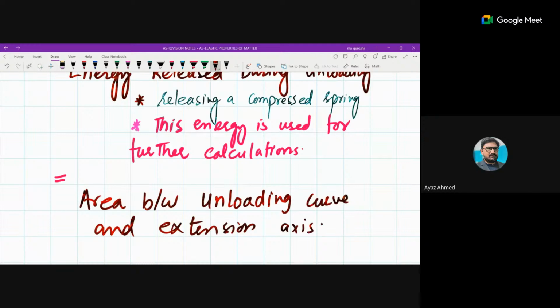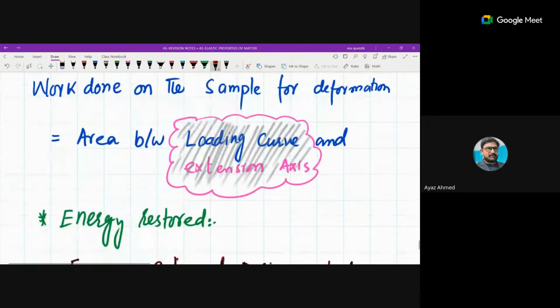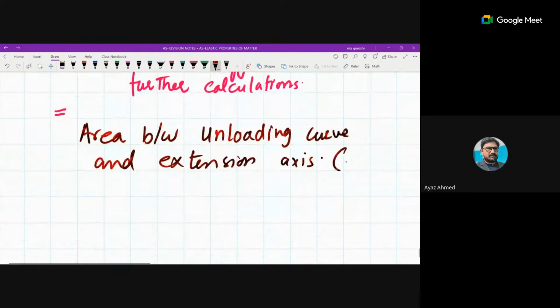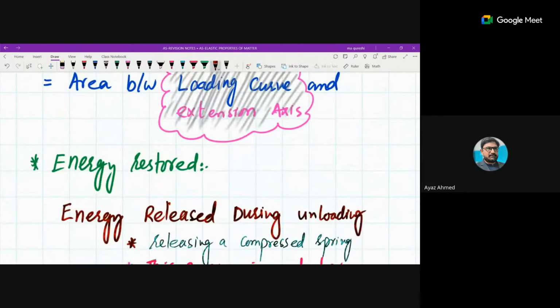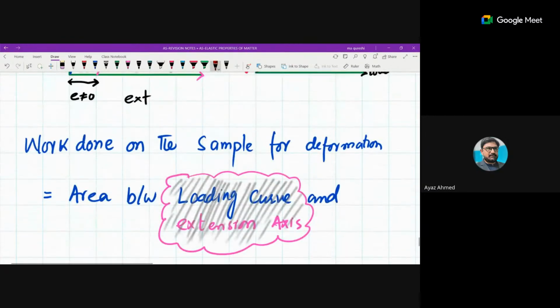So that area I'm going to mark with, let's say, Z here in the graph, and the energy provided by this is, let's say, Y.